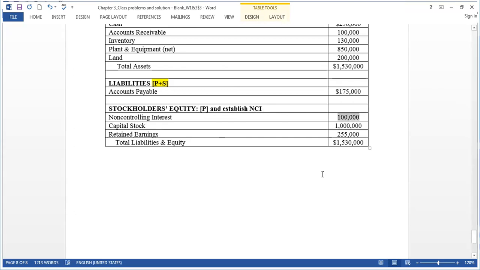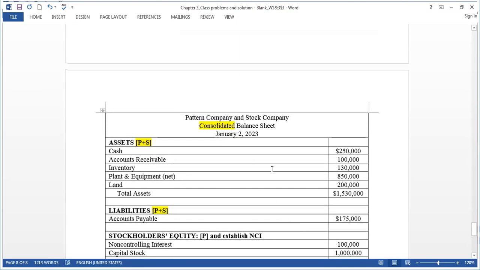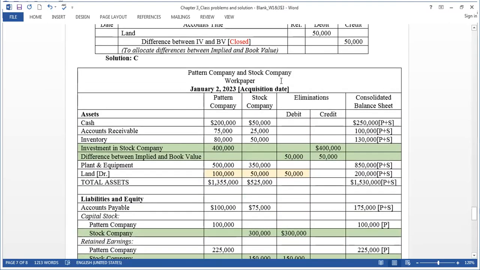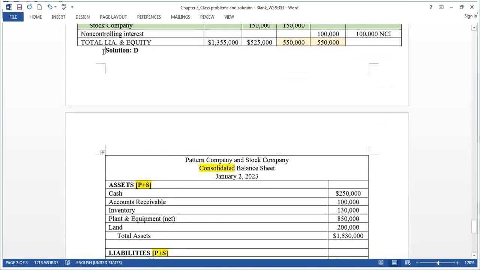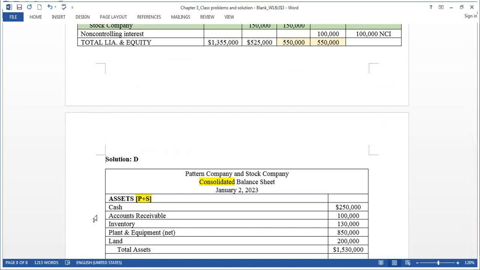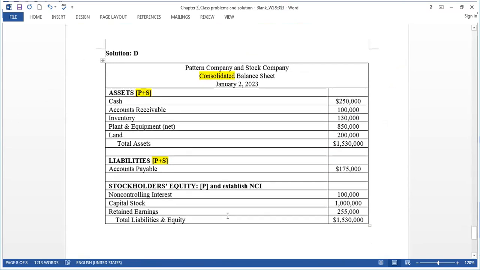So this is the work paper format, right? In the work paper, after closing everything, we prepare our balance sheet separately. So this is all about chapter 3. Next class we'll start chapter 4, and it is quite difficult. Do you have any questions?